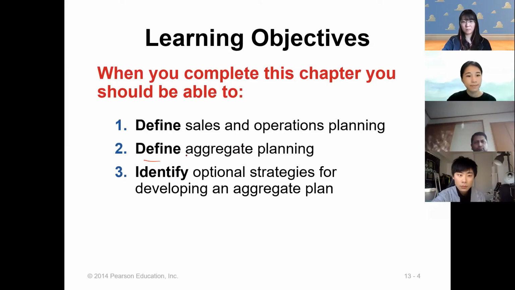So we'll look at this sales and operations planning process, and after that we define what aggregate planning is, and we want to identify aggregate planning strategies. What are the optional strategies that we can use to develop our aggregate plan? At the end of the day, we want to have a plan. Plan means how much to produce on an aggregate basis, on a total basis.